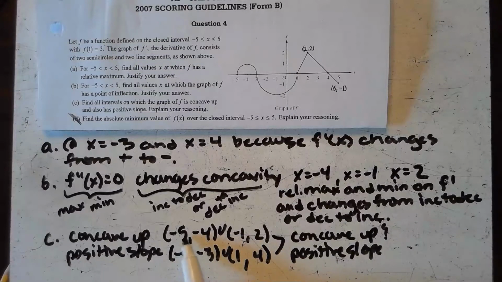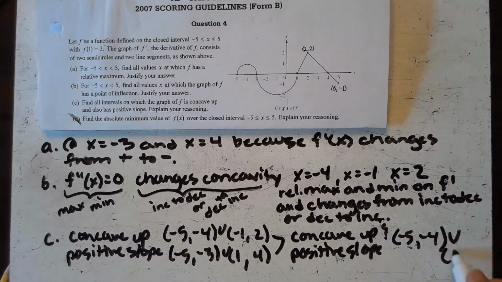Okay, well here it's from -5 to -4. And then, let's see, what's included in here? 1 to 2. And this would be part of your explanation right here. Okay, because you found where it's concave up, where it's positive slope, and then you combine them together.